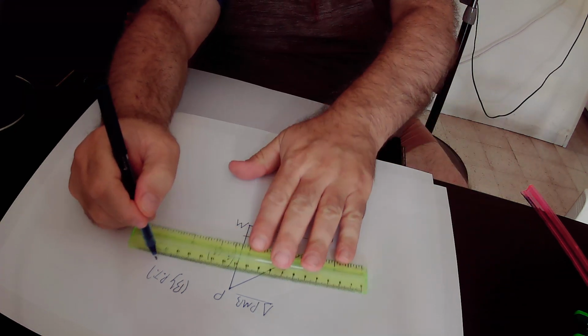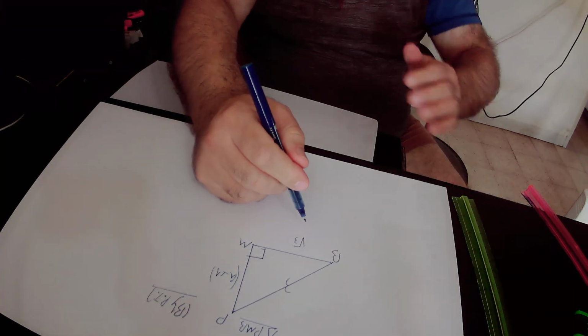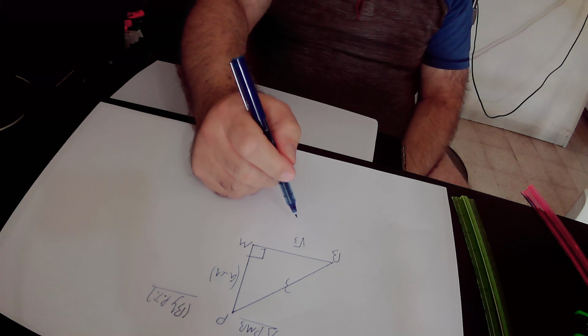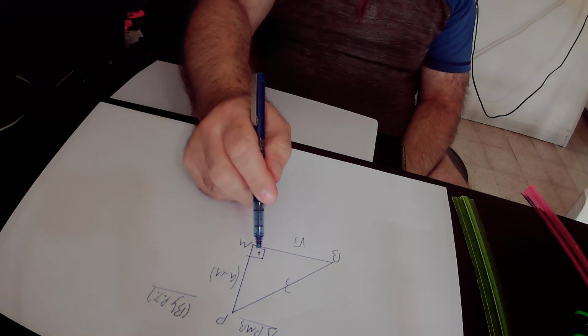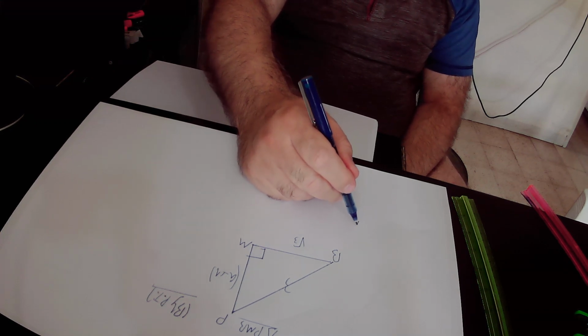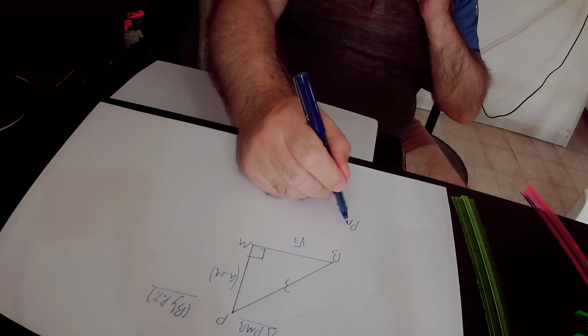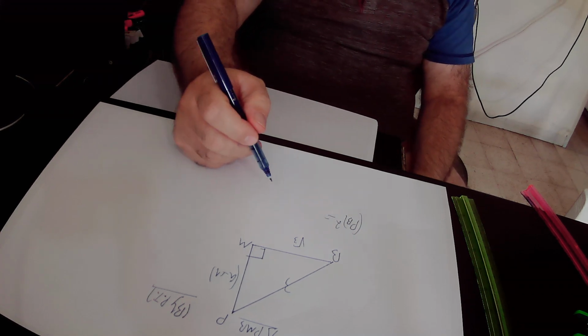According to the Pythagoras theorem, in any right triangle, the square of the hypotenuse equals the sum of the squares of the perpendiculars. The hypotenuse in this right triangle PMB is PB, and therefore the square of the hypotenuse is PB squared, and it must be equal to the sum of the squares of the perpendiculars.